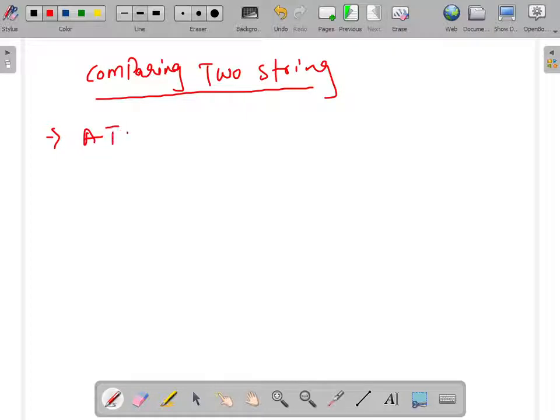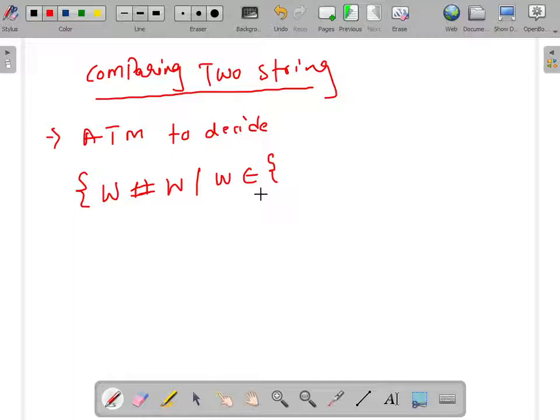A Turing machine to decide. So this is my W1 language, and I am using the hash between two strings. Okay, and W belongs to A, B, C star.